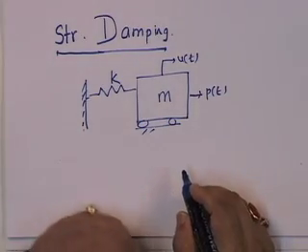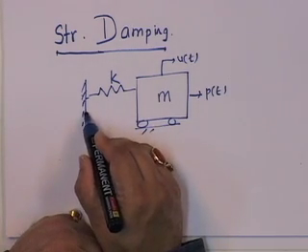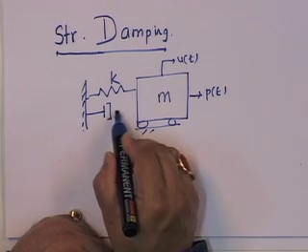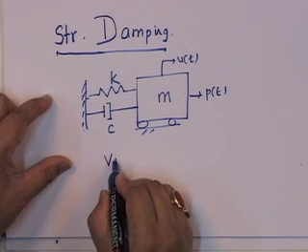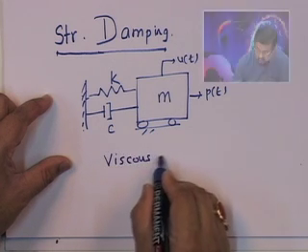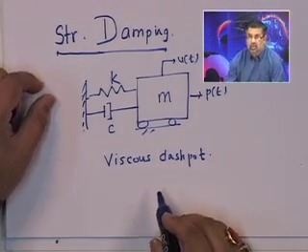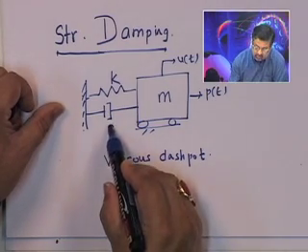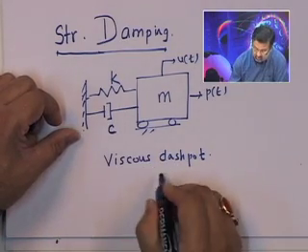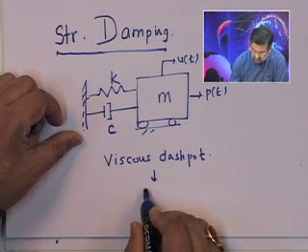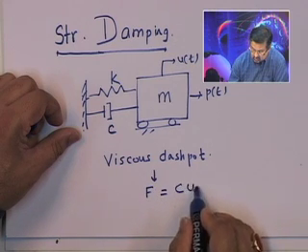So, since the equation of this system remains the same, the first thing that we do to include damping is we take the mechanical equivalent. The mechanical equivalent is a viscous dashpot, a viscous dashpot with dashpot constant C. What is this C? The C is such that the force in the viscous dashpot is equal to C times u dot.